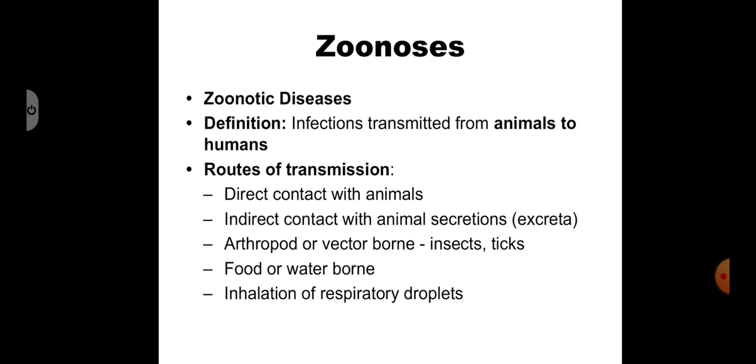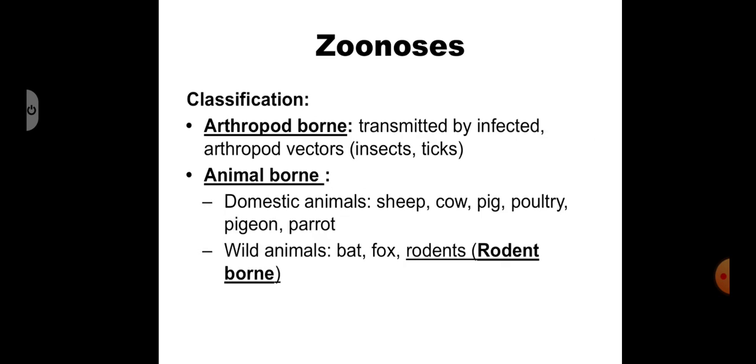Next, inhalation of respiratory droplets. You can get fungal infections like cryptococcosis and histoplasmosis, acquired by inhalation of fungi which are suspended in the air. Further, if you look at the broader classification of zoonosis, one is arthropod-borne, which is transmitted by infected arthropod vectors like insects and ticks, and next is animal-borne.